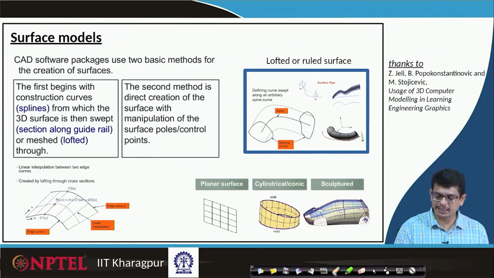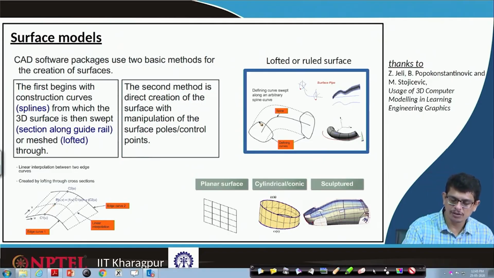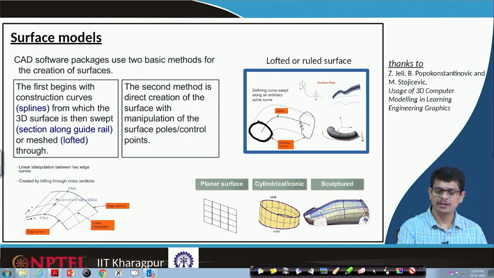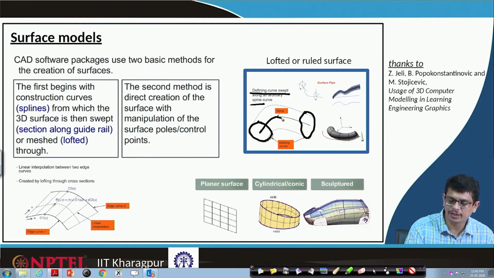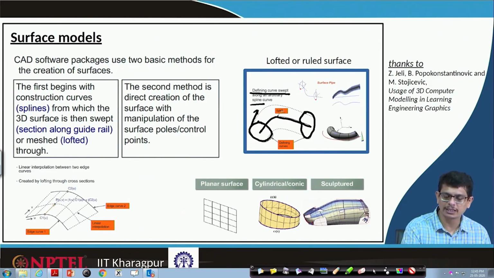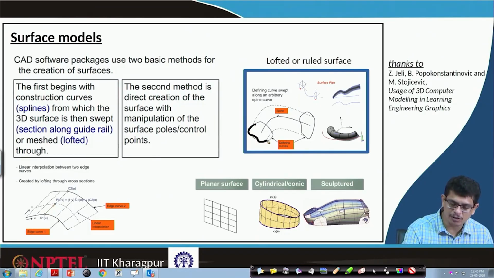The other way of looking at this lofted surface is, for example, we have one particular closed curve on one side. We have another kind of closed curve also. Now, there is a line, a spine curve which we call, that is this one. Now, if I move this curve along that spine curve, whatever surface it makes, that is what we call a lofted surface also. So, this curve is a parametric curve.